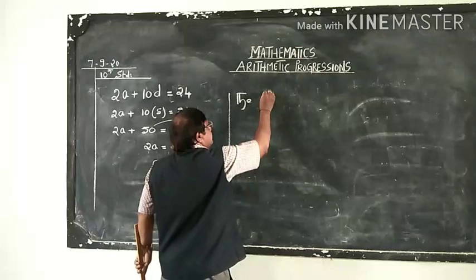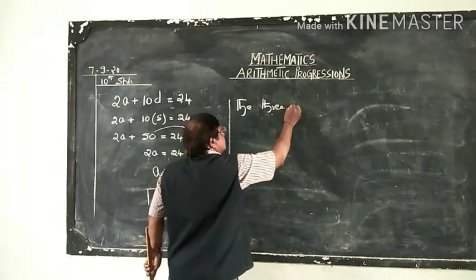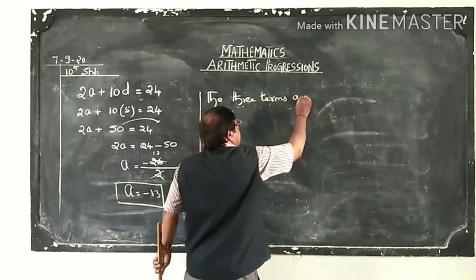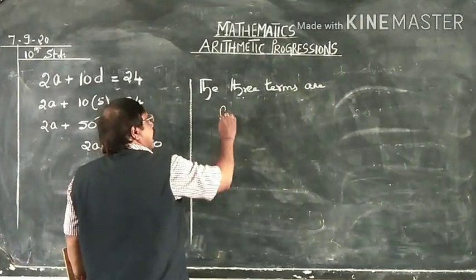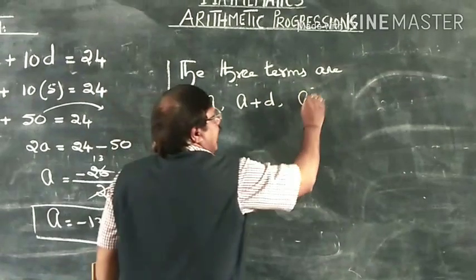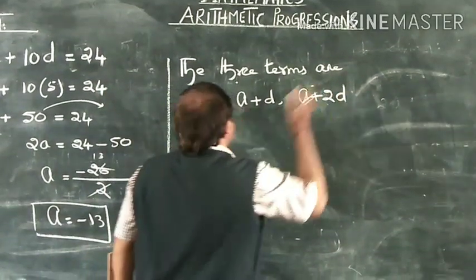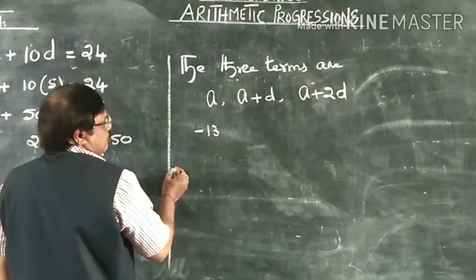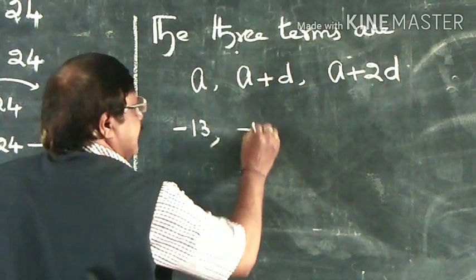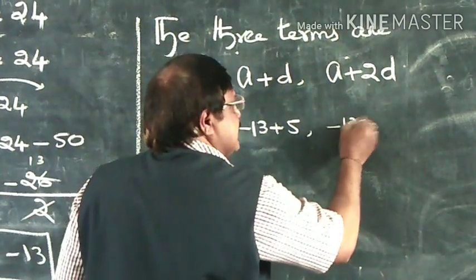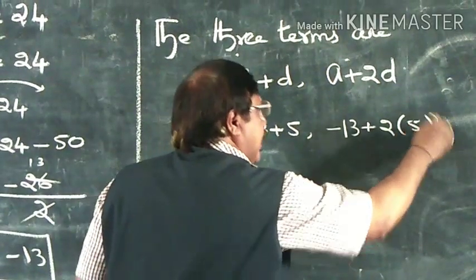The three terms are a, a plus d, a plus 2d. a is minus 13, minus 13 plus 5, minus 13 plus 2 into 5.